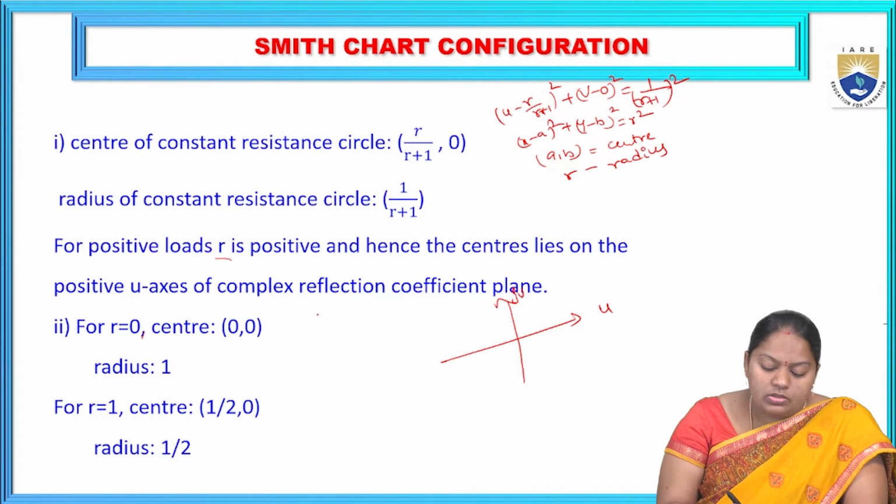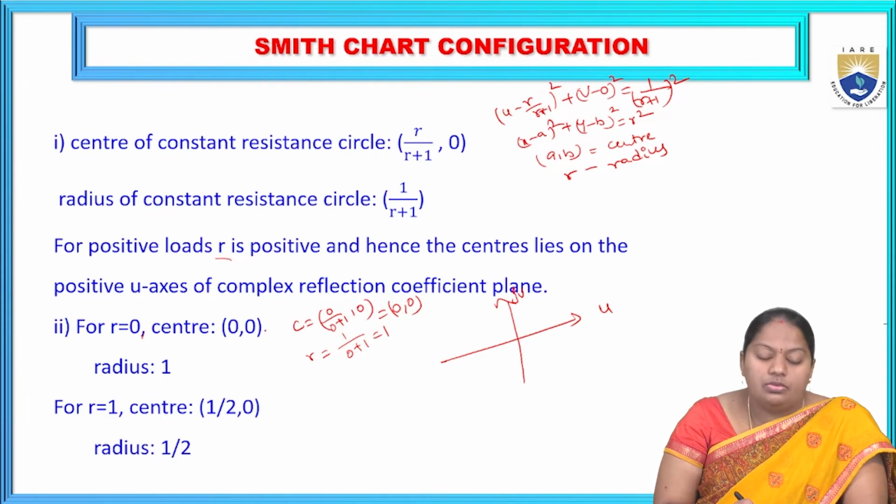Means for r equal to 0, center c equals 0 by 0 plus 1 comma 0, which gives us (0, 0). And for the radius, r equals 1 by 0 plus 1, which is equal to 1. So for r equal to 0, center is at (0, 0) and radius equal to 1.